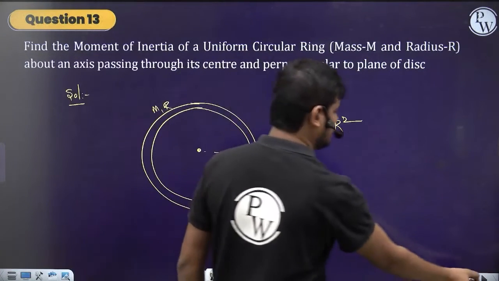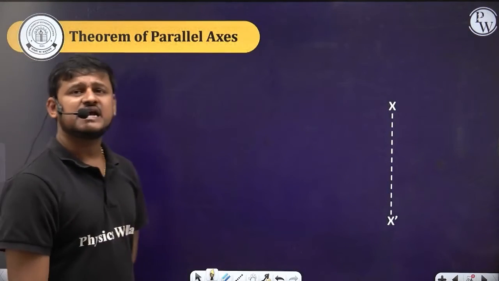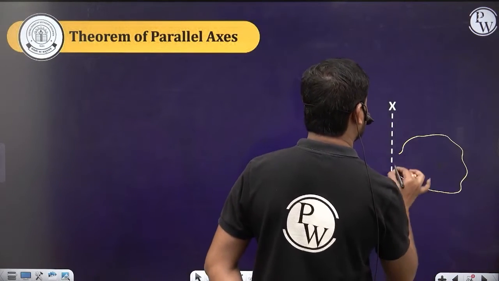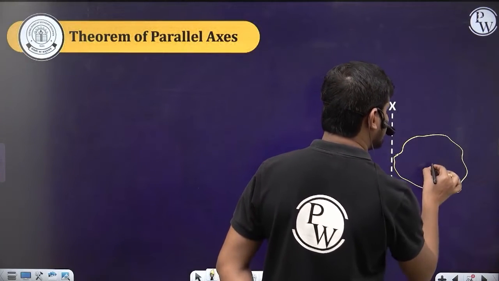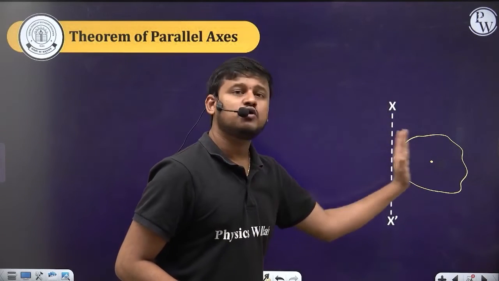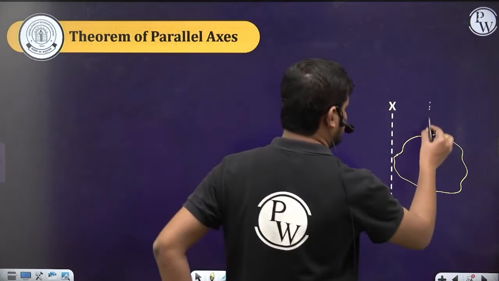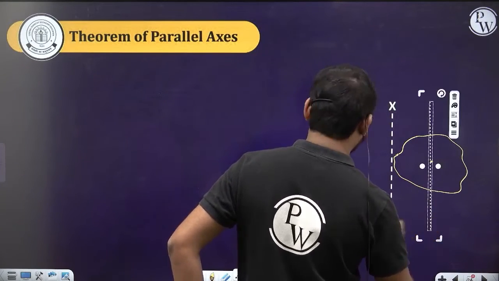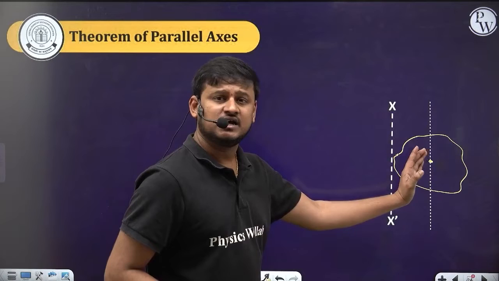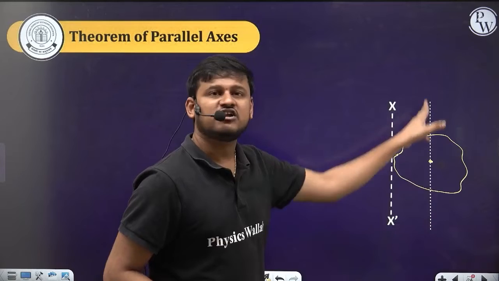Just remember that formula. Then the theorem of parallel axis. The parallel axis theorem has to be applied when you already know the moment of inertia about the center of mass of a body, and you would like to find the moment of inertia about an axis which is parallel to the center of mass axis.